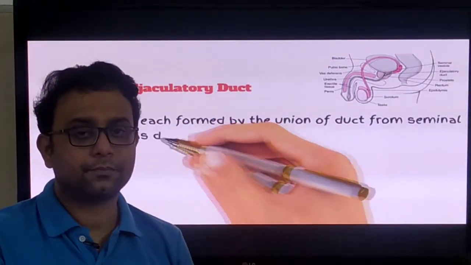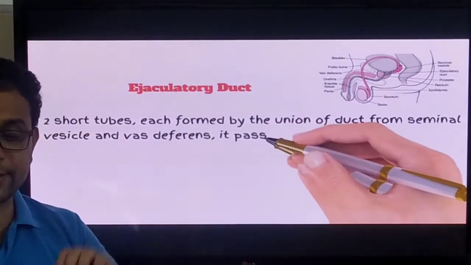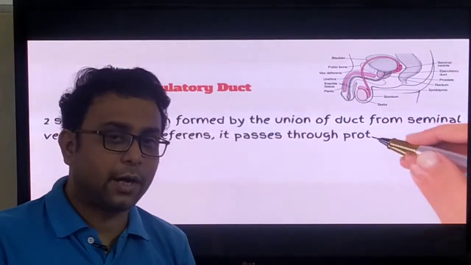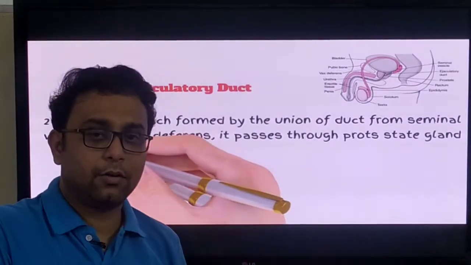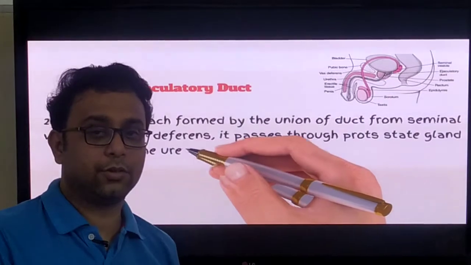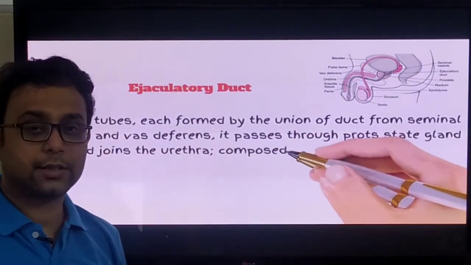The ejaculatory duct is a short tube-like structure. What is its function? It also helps to transfer the sperm from the vas deferens to the penis.